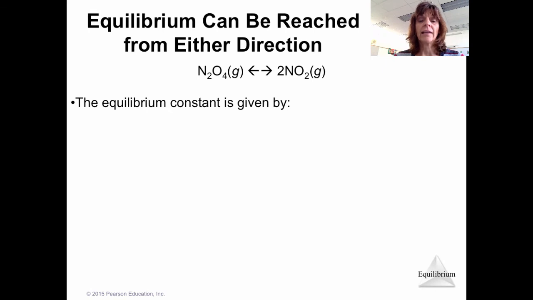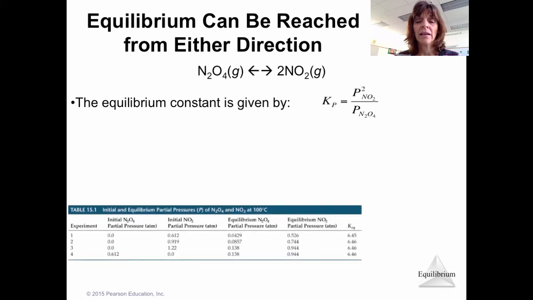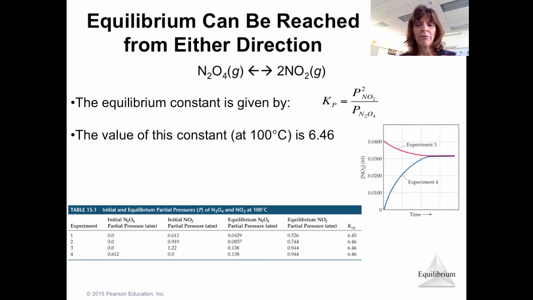Now let's look at the same reaction again. N2O4 yields 2NO2. And write the equilibrium expression as Kp. Here's some data for this reaction, and it shows that the value of the constant is 6.46.